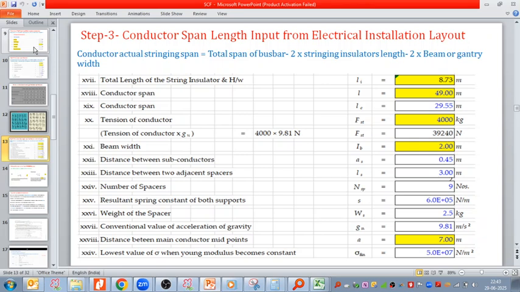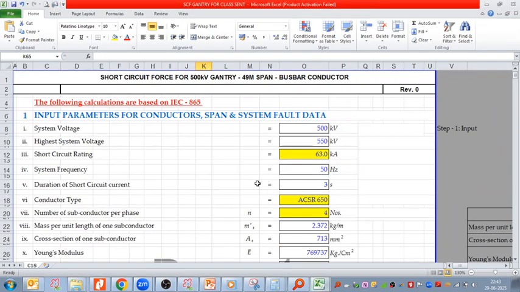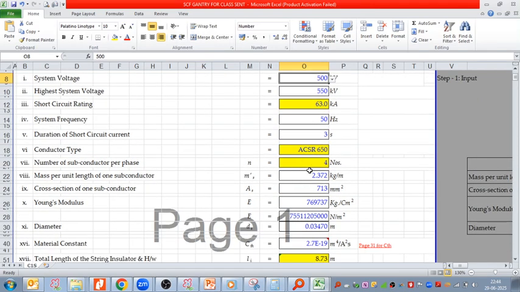Can you go to the calculation? Yes, I can go, but I have not started the calculation so far. I'm just asking about the input. Yeah, input, here. The system voltage is 500 kV. Then short circuit current and conductor details, then number of subconductors.